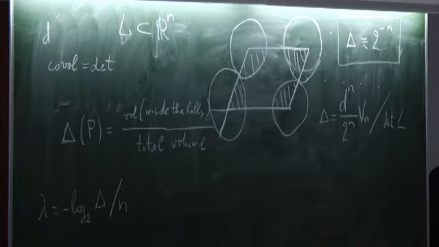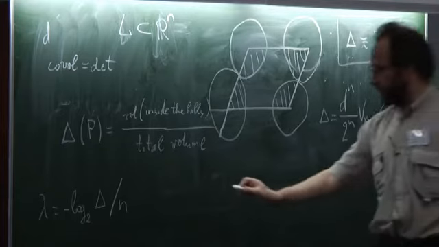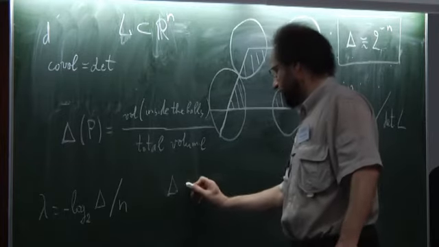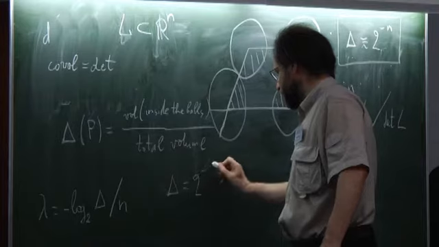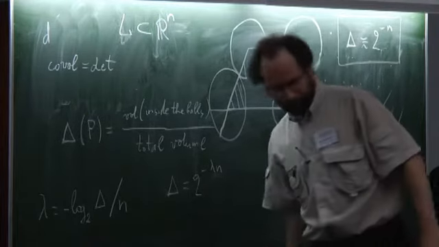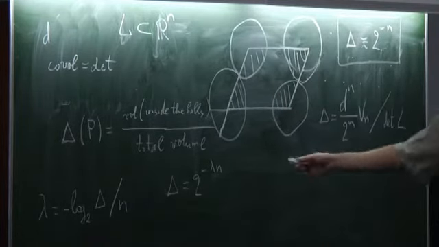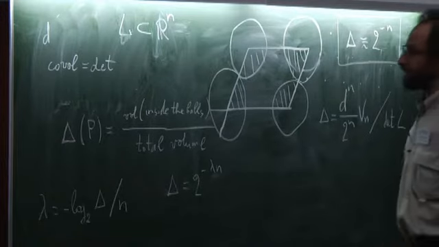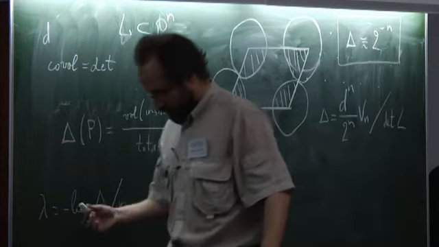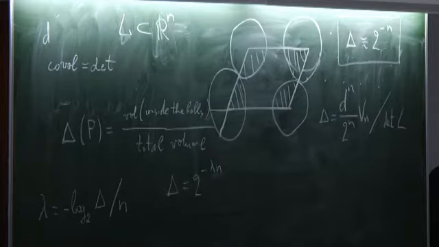And then, of course, you want this lambda to be as small as possible. Here, the density is 2 to the power minus lambda n. So that's how you put the question in the asymptotics.